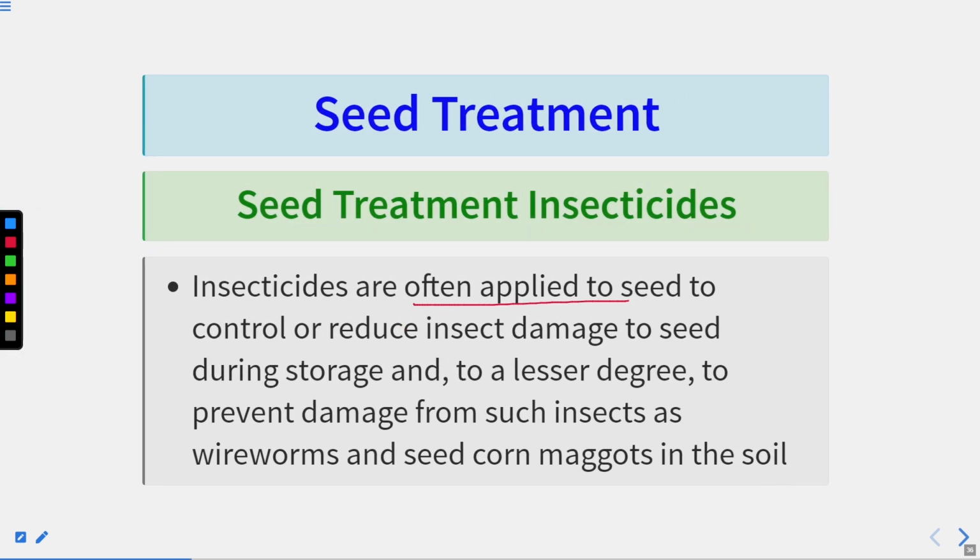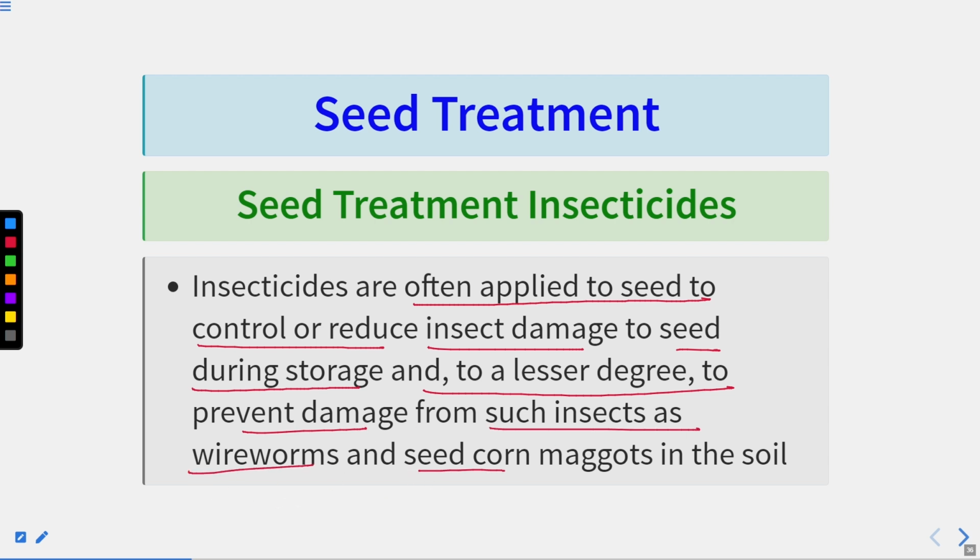Insecticides are often applied to seeds to control or reduce insect damage to seeds during storage, and to a lesser degree to prevent damage from such insects as wireworms and seed corn maggots in the soil. So insecticides are often, meaning now and then, applied to seeds to control or reduce insect damage during storage.